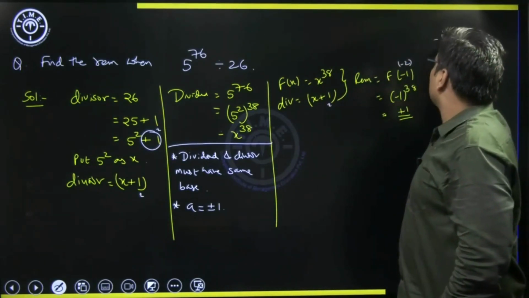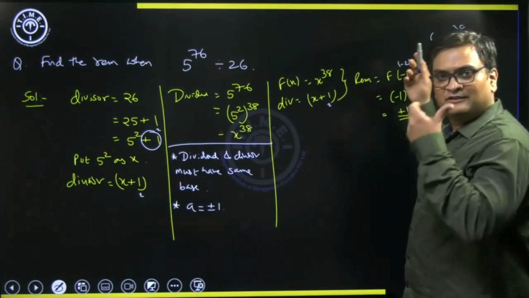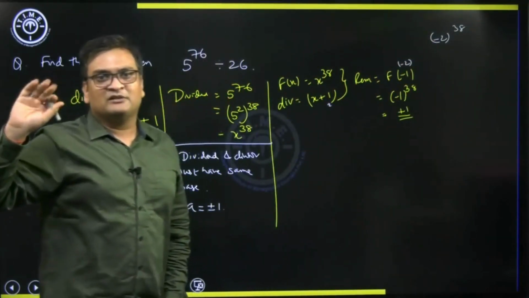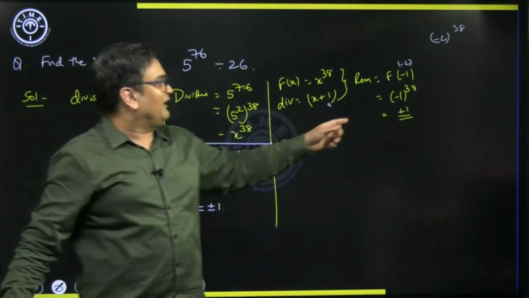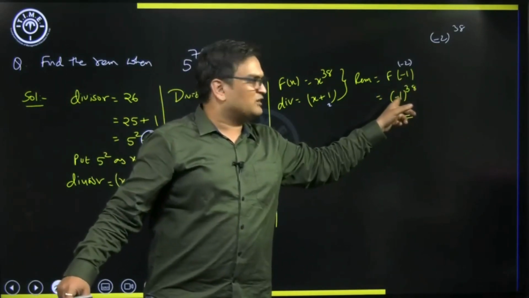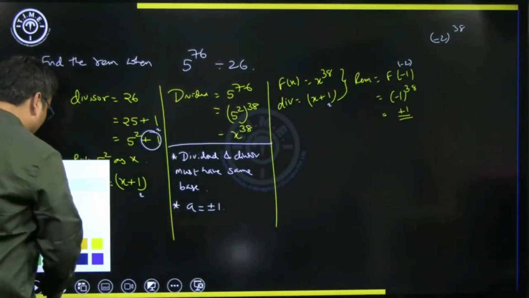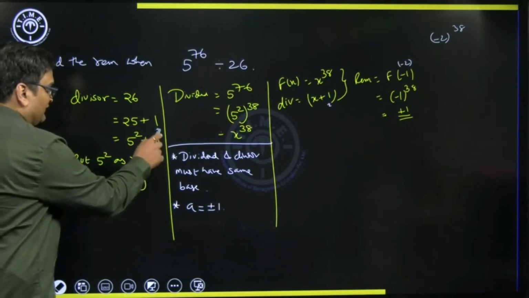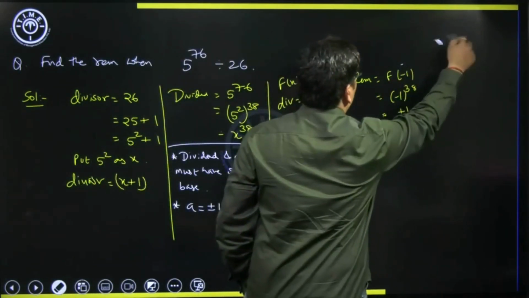So what is f of minus 2? Minus 2 power 38, which itself is a task. Now what is 2 power 38 value? We don't know, it will be in millions and millions. So hence, this remainder theorem concept will make sense only if you have something like 1 power something or minus 1 power something. If you have 2 or 3 or minus 3 here, things will not work out. So this is the second point that we need to keep in mind, that in majority of our questions, value of a should be plus or minus 1. If it is not, don't use remainder theorem.